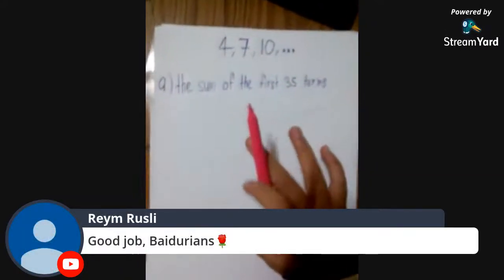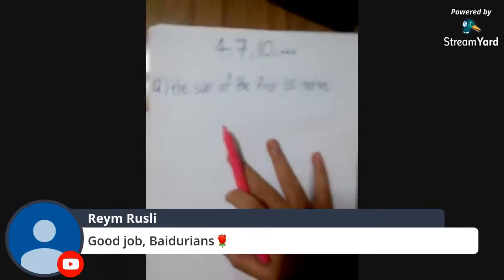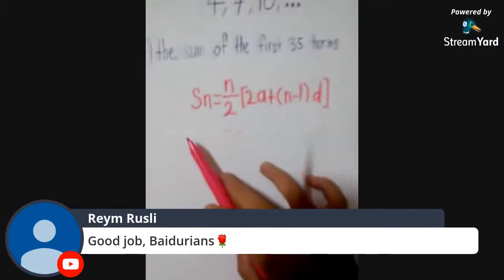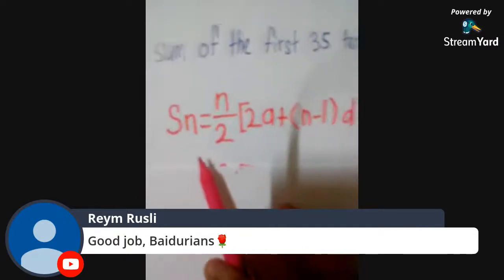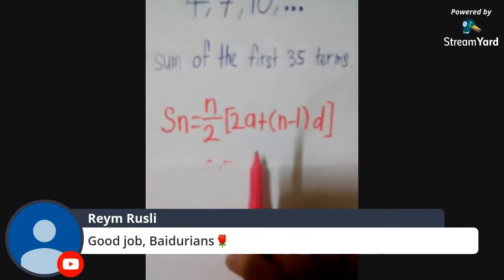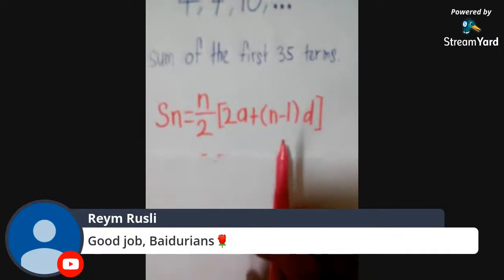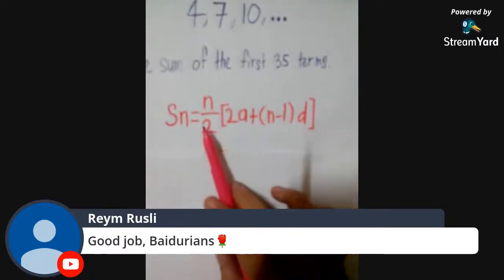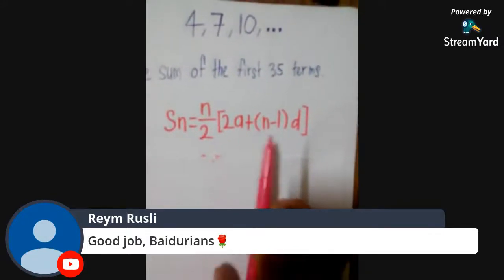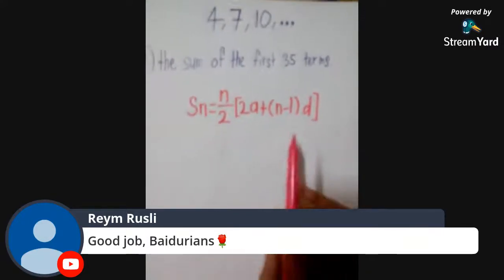The formula is Sn equals n over 2 in bracket 2a plus n minus 1 b, where n is the number of terms, a is the first term, and b is the common difference.